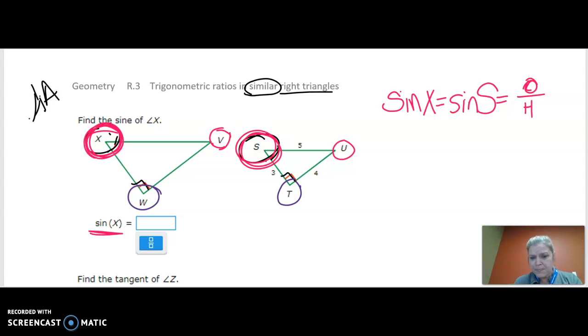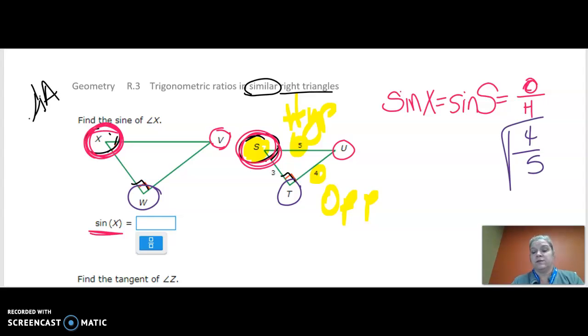If we're looking at S, this one is opposite, and this one is hypotenuse. So the opposite is 4, and the hypotenuse is 5. So sine S is 4 over 5, so sine X is 4 over 5.